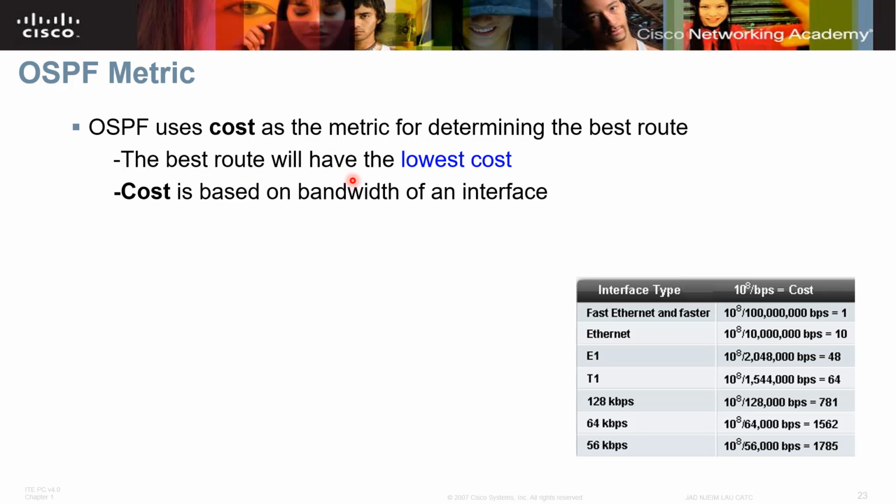And the best route will have the minimum or lowest cost. So what is the cost? Cost is a function of the bandwidth of a specific interface. For a specific interface or link, I calculate the cost as a function of the bandwidth. So a link with large bandwidth will have a lower cost.